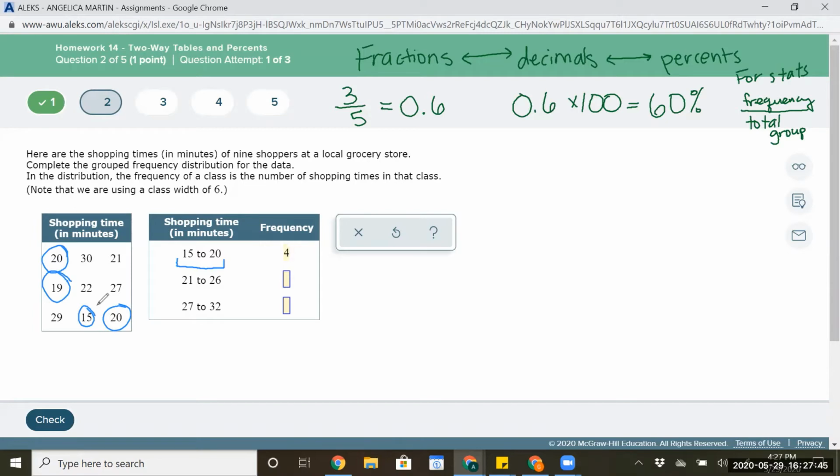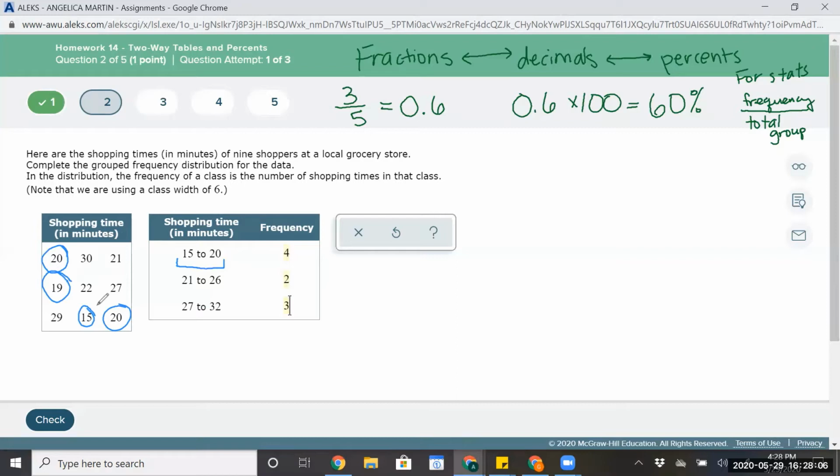Now I'm just going to rush through this some time, but within this same method, using the same strategy, I have 2 in the bin 21 to 26, and I have 3 in the bin 27 to 32.